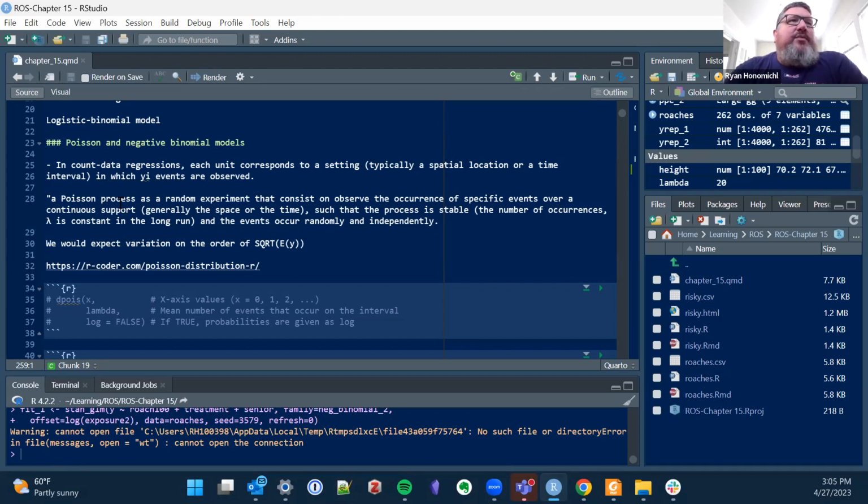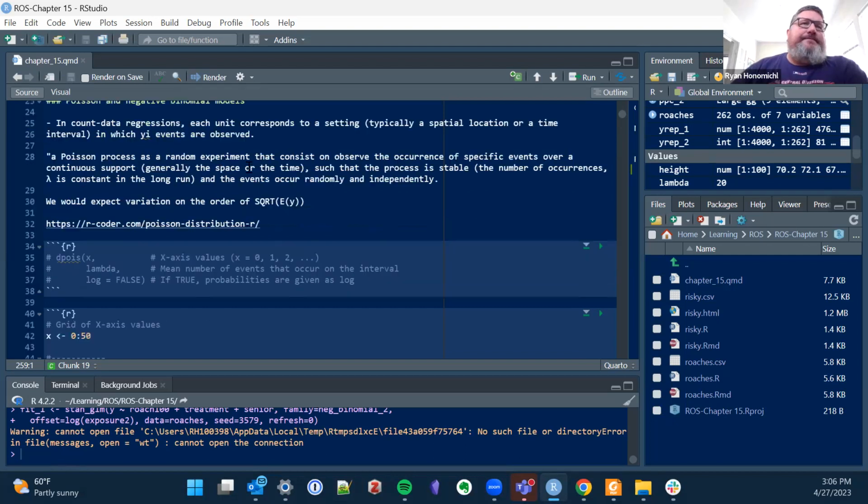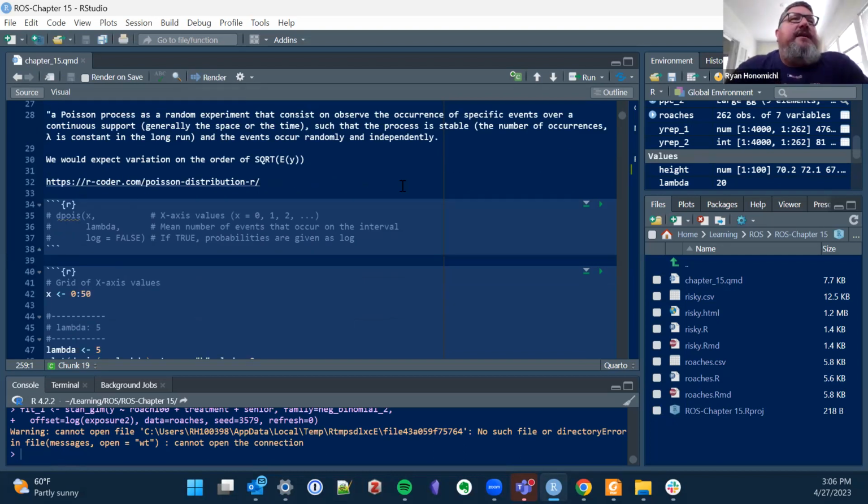A Poisson process is a random experiment that consists of observing the occurrence of specific events over continuous support, which once again is space or time, and that process is stable. That's important. If you have reason to believe that the process isn't stable, this probably is not what you want to be doing. Another unique thing about Poisson processes is that, unlike linear regression, we don't have any kind of variance or standard deviation.